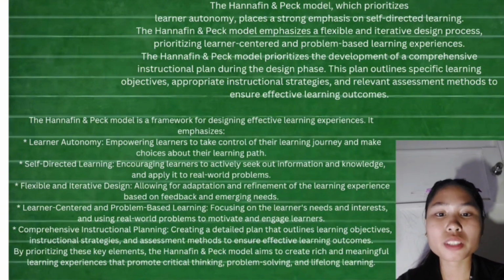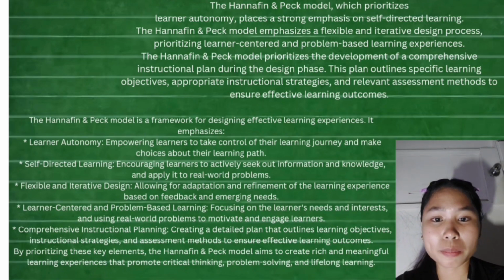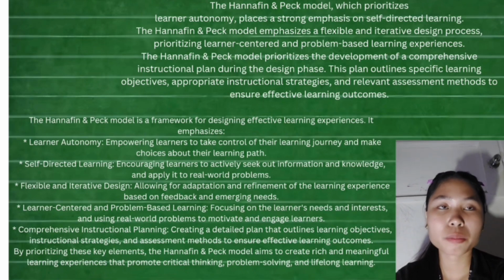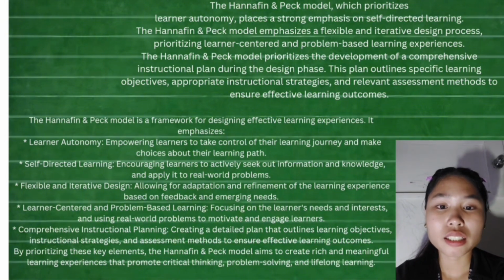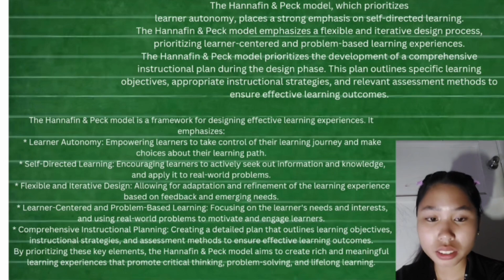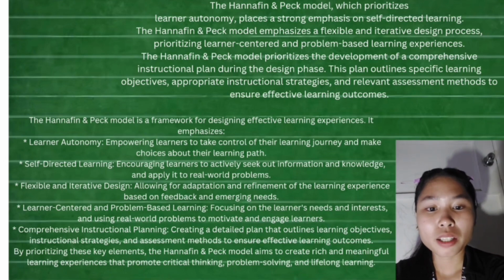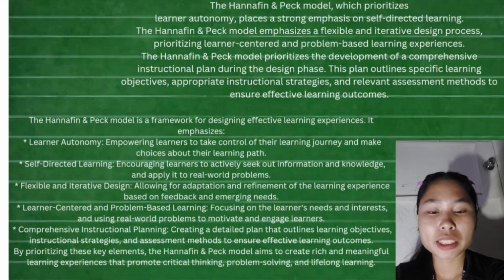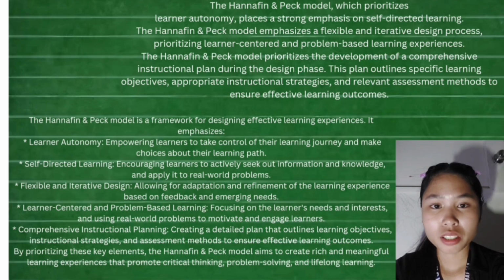So, dito po sa comprehensive instructional planning, dito ko nagagawa ng detailed plan na kung saan nandiyan yung objective, instructional strategies, and yung assessment para mas malaman natin or para ma-ensure natin kung effective ba yung learning outcomes or yung kalalabasan.